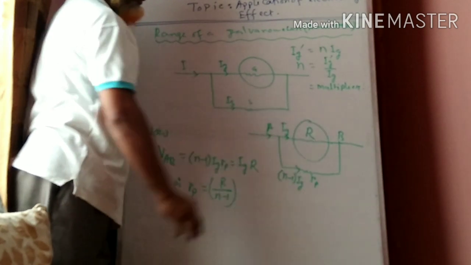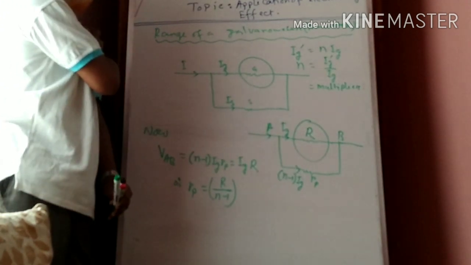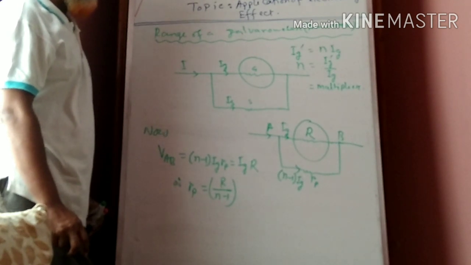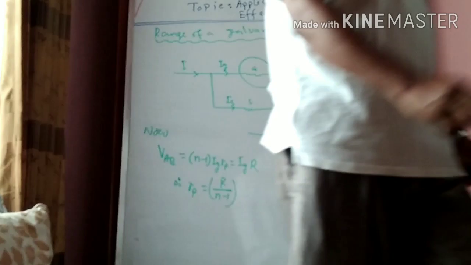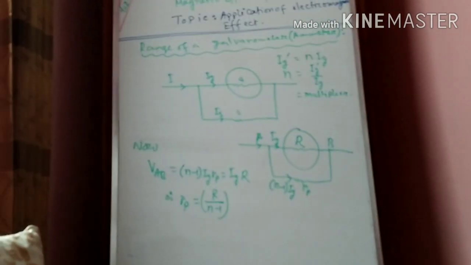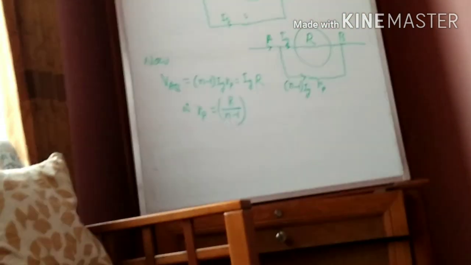Only Ig passes through the galvanometer and the remaining portion passes through the shunt resistance. The new shunt resistance is Rp, so Rp equals R by n minus 1. This is how we can change the range of a galvanometer or ammeter.